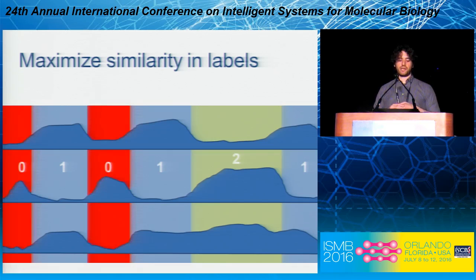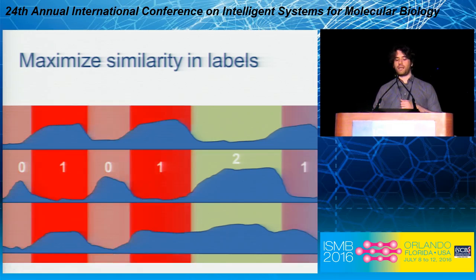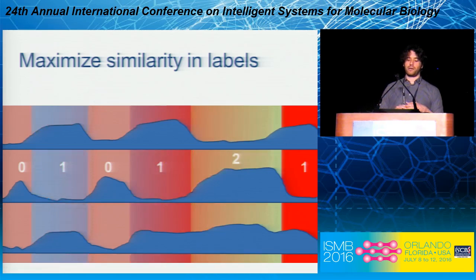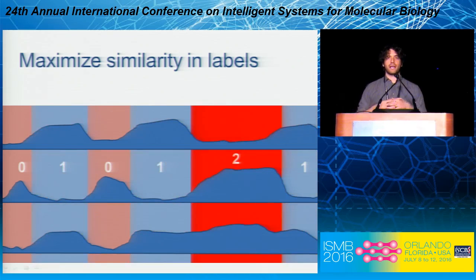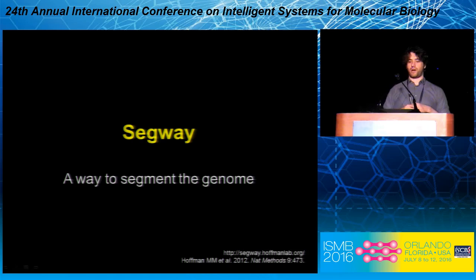So here you can see, for example, a 0 label with a low-high-low pattern, a 1 label with a high-low-high pattern, a 2 label with a low-high-high pattern, and so on. All right, so really, in essence, it's a simultaneous segmentation and clustering technique. You don't do them separately, you do it at the same time to maximize the likelihood of the model we have, which I won't go into in depth, but is described in the paper.